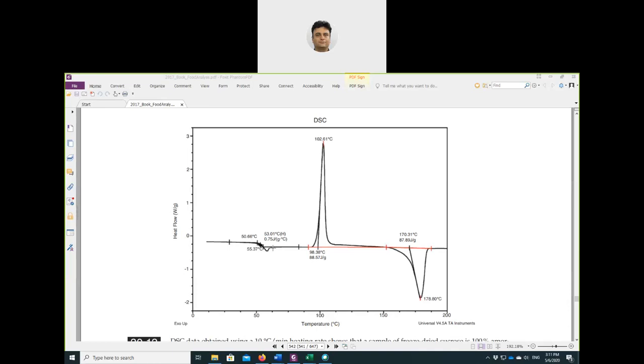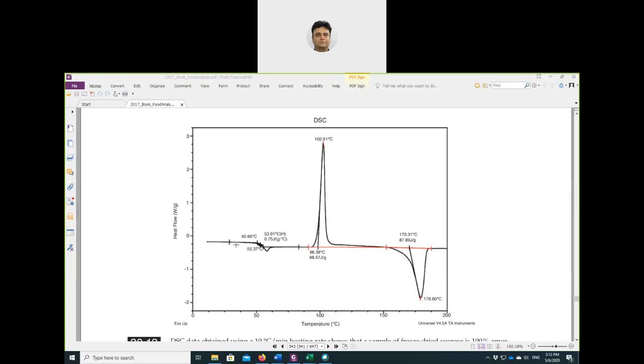Okay, I just wanted to describe the DSC application and how the pattern will be different. If you recognize that in a sample first order transition was happening, you need to mention that first order will happen.